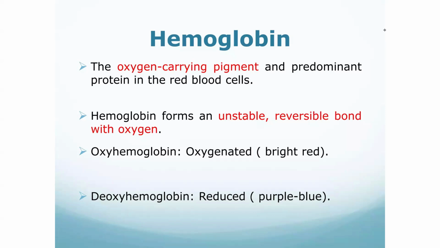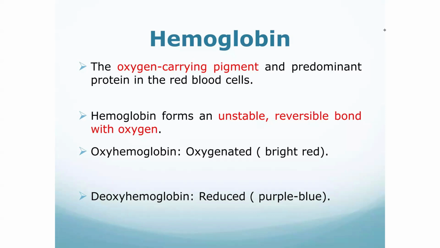That is why it must be unstable and reversible. If it is stable and irreversible, it means that each oxygen would be transported with a separate hemoglobin, which is not possible.